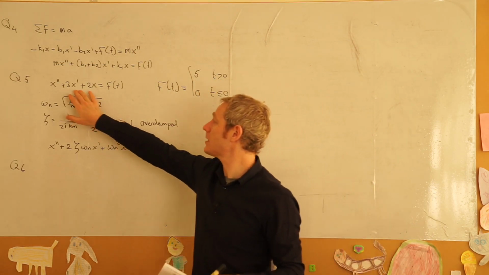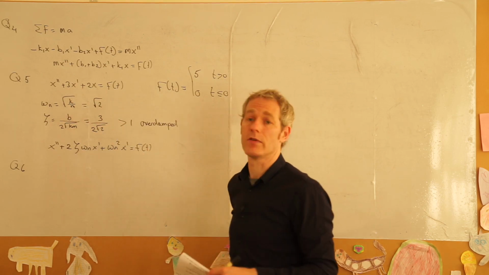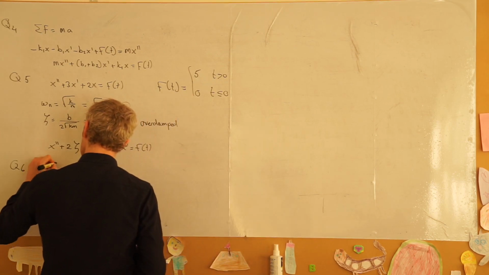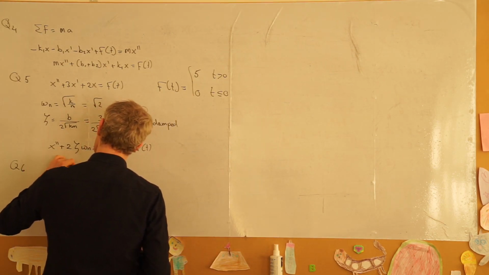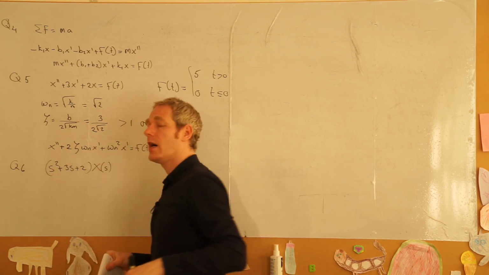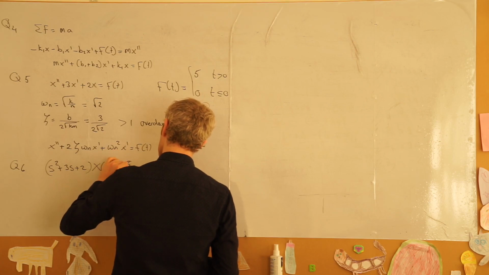So we take the Laplace transform of the left-hand side and the Laplace transform of the right-hand side, and we see that we get s squared plus 3s plus 2. Oh yeah, and all the initial conditions are 0. That is 5 over s.